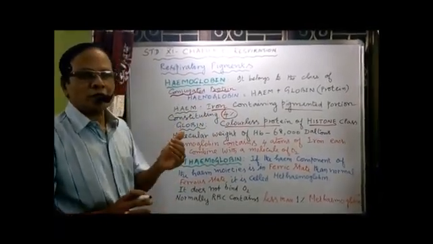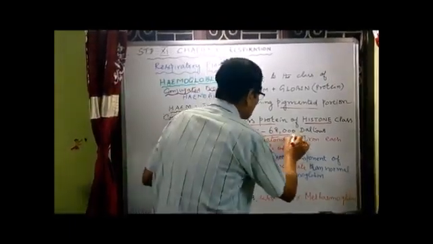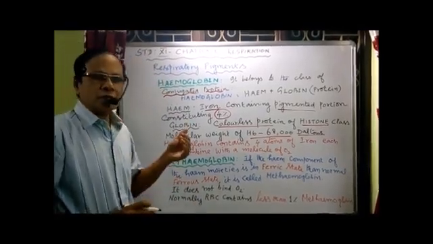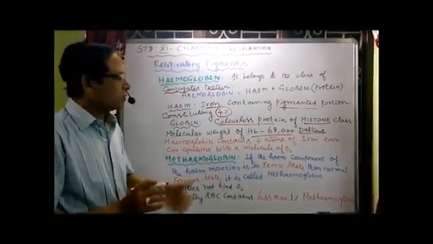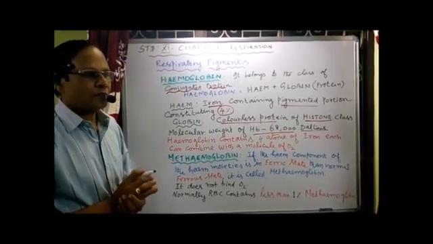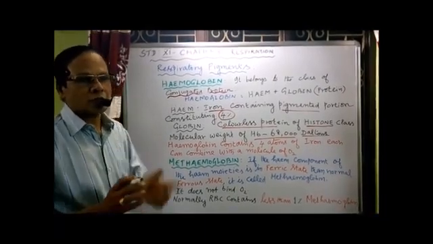Now the molecular weight of each hemoglobin molecule is about 68,000 Daltons. If you take one hemoglobin molecule, particularly the heme, it contains 4 iron atoms. Each iron atom is capable of carrying 1 molecule of oxygen.